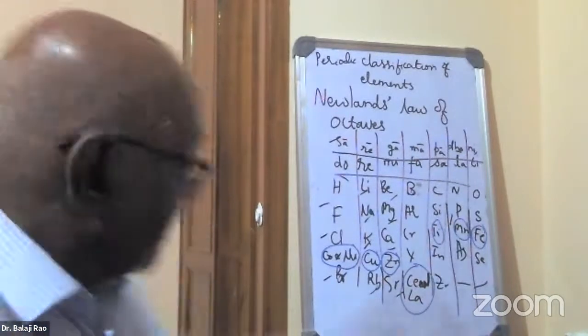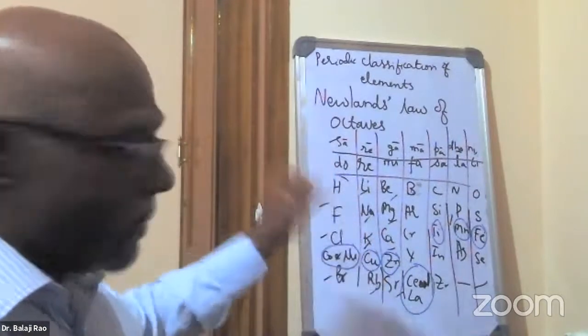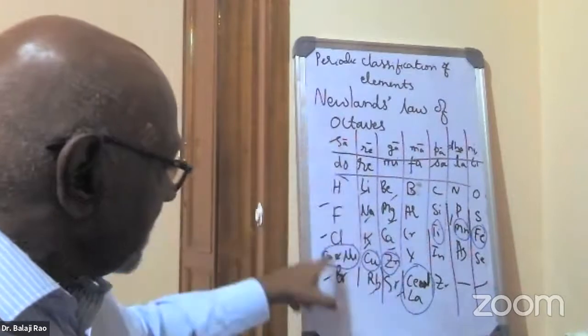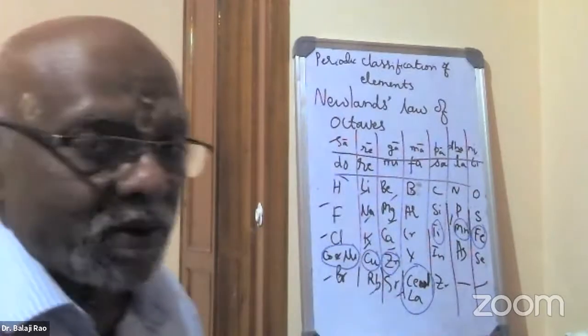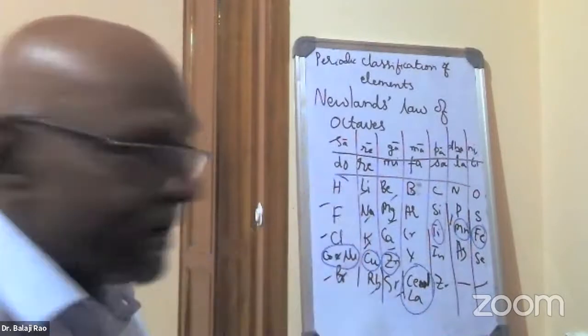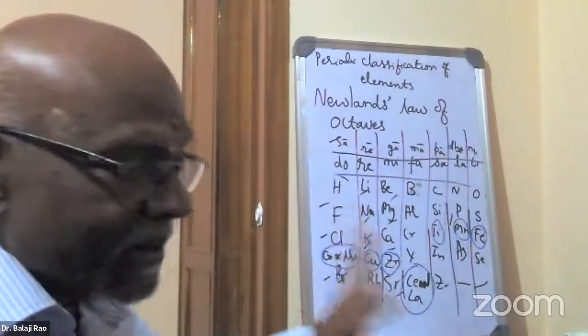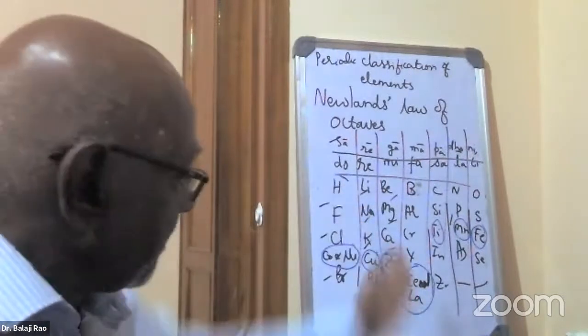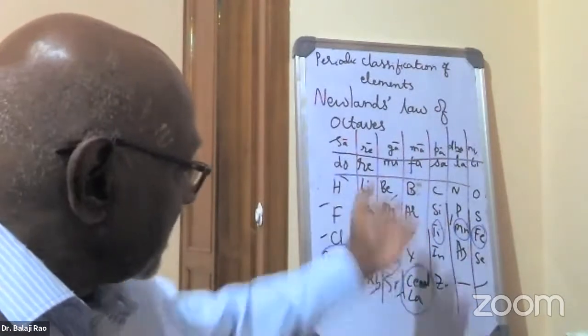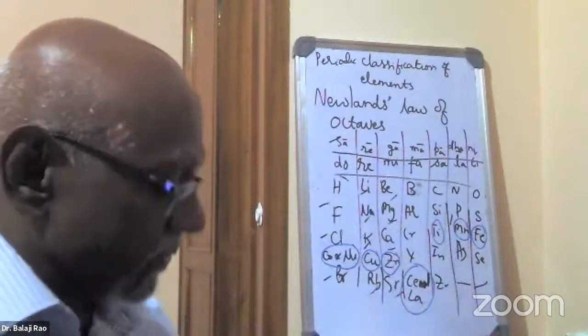So leaving that, fluorine, chlorine, bromine definitely are halogens. They should be together, but okay, hydrogen granted, but cobalt, nickel do not come in that place. And similarly, lithium, sodium, potassium, rubidium, they are together. Copper does not fit into that group. Zinc does not match with beryllium, magnesium, calcium, and so on and so forth.